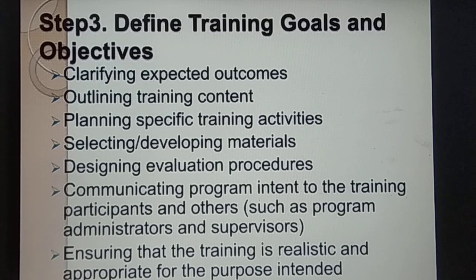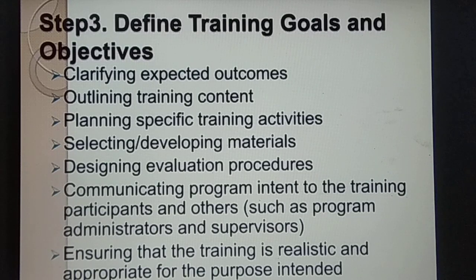First is clarifying expected outcomes, then outlining training content, then planning specific training activities, then selecting and developing materials, then designing evaluation procedures, after that communicating program intent to the training participants and others such as the program administrators and supervisors, then ensuring that the training is realistic and appropriate for the purpose intended.